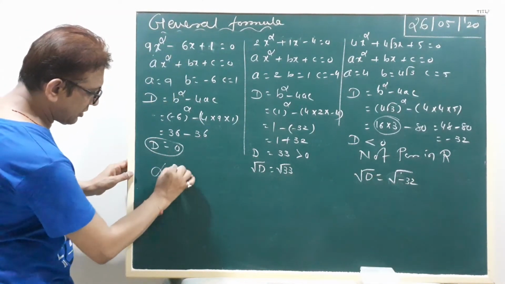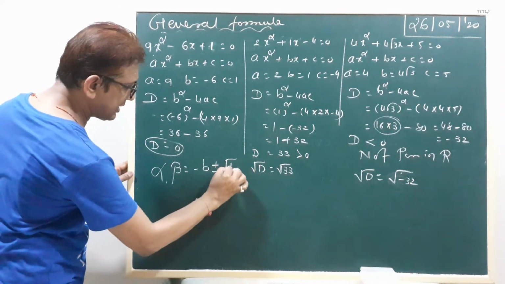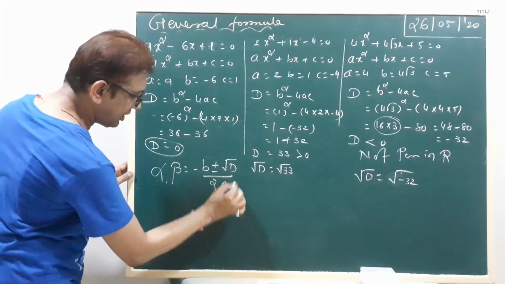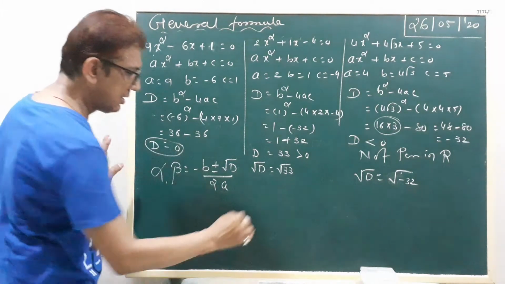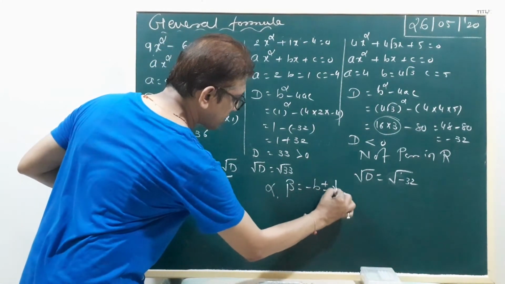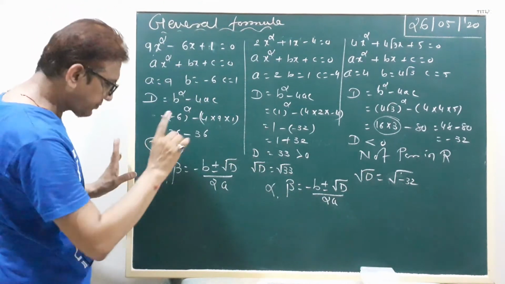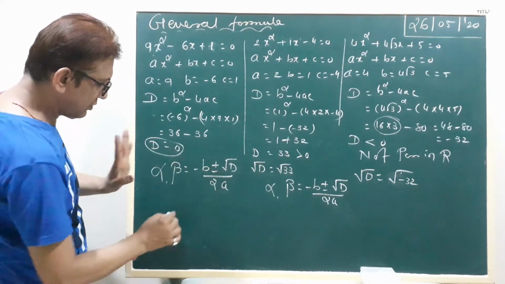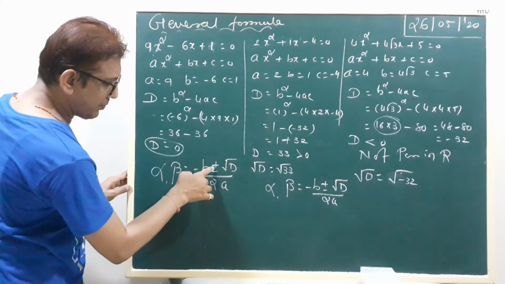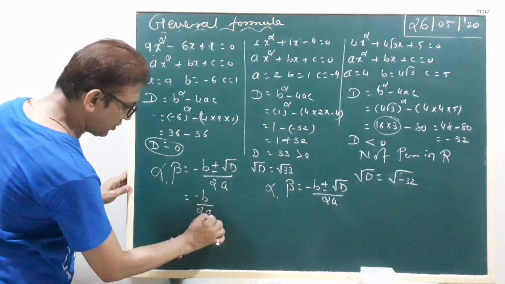Here our formula is alpha, beta equal to minus b plus minus root d upon 2a. Clear? Here d equal to 0, so plus minus root d is cancelled. So it is minus b upon 2a.